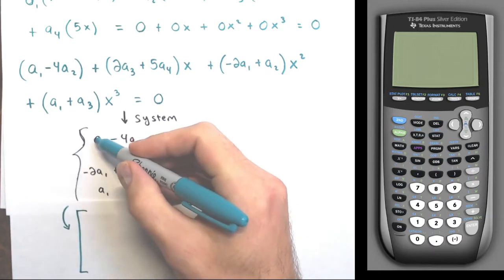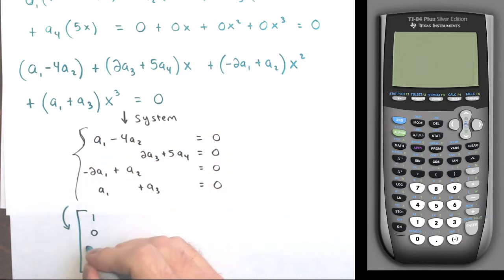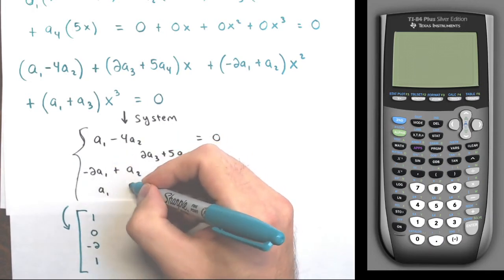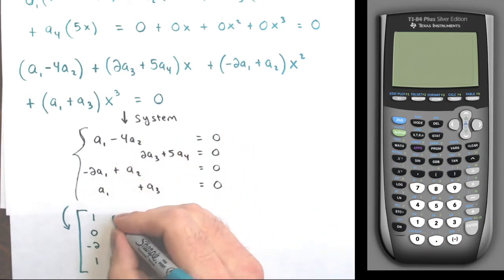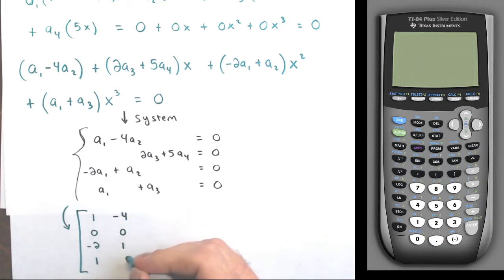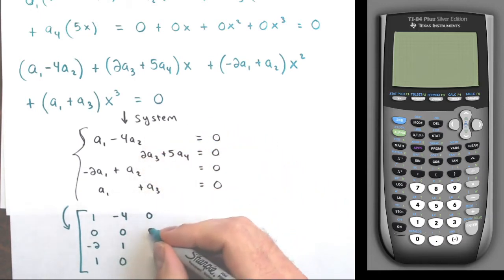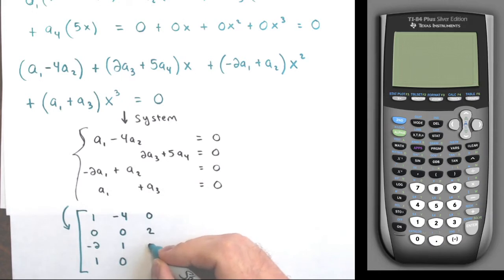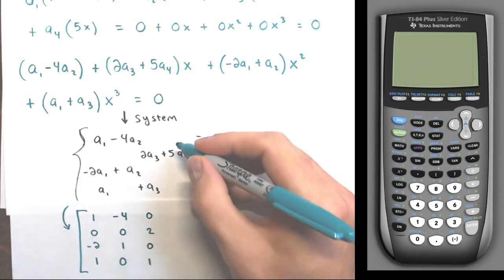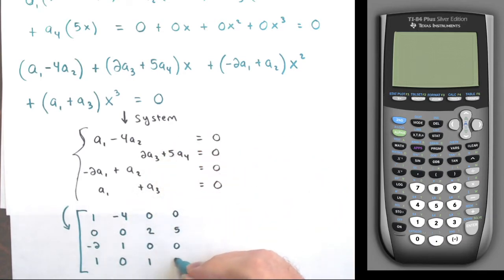Down the first column, the coefficients of a1, so 1, then 0, then negative 2, then 1. And then down the second column, the coefficients of a2, negative 4, 0, 1, 0. Coefficients of a3, 0, 2, 0, and 1. Coefficients of a4, 0, 5, 0, 0.